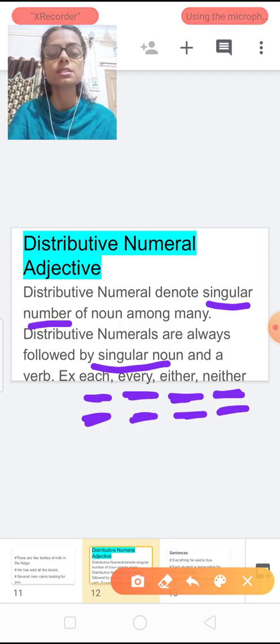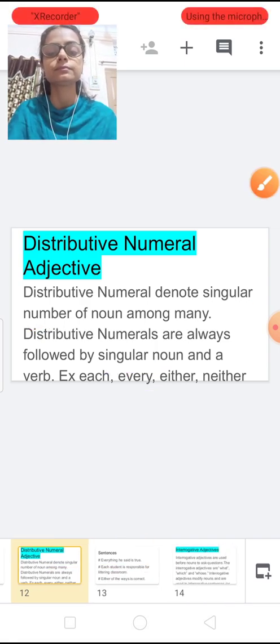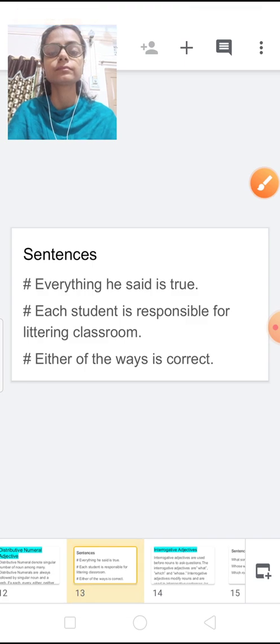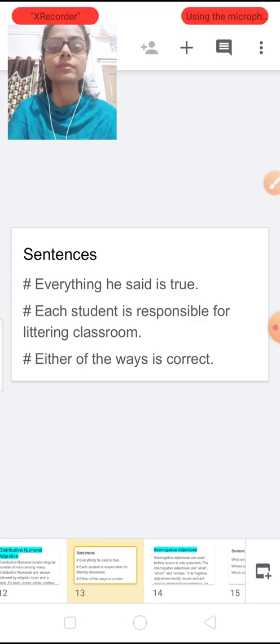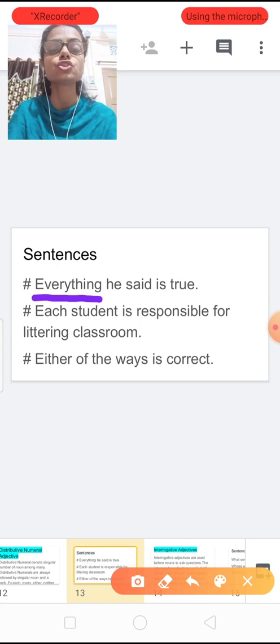Now let's see some sentences. Here is the first sentence. Everything he said is true.